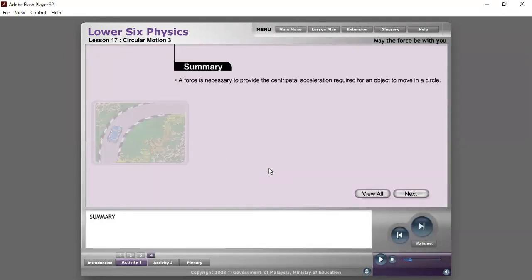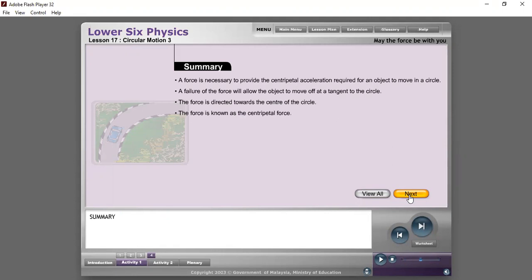Summary. A force is necessary to provide the centripetal acceleration required for an object to move in a circle. A failure of the force will allow the object to move off at a tangent to the circle. The force is directed towards the center of the circle.